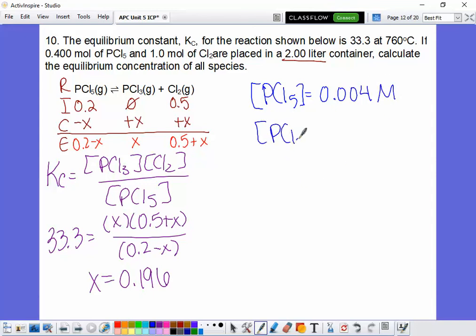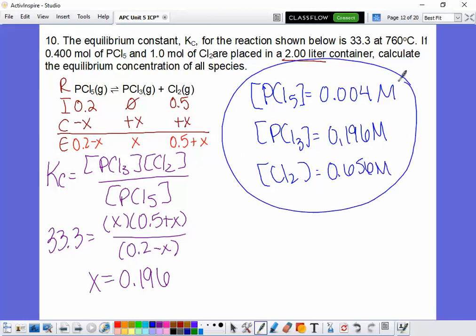PCl3 is what? 0.196 molar. And Cl2, 0.696. Yep, and math, 0.696.